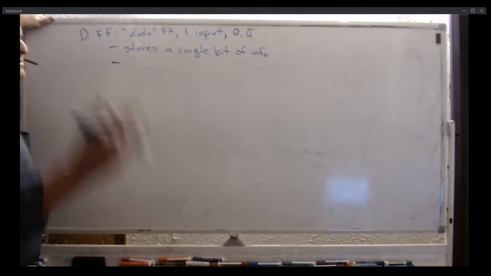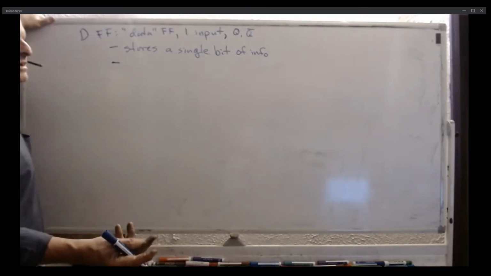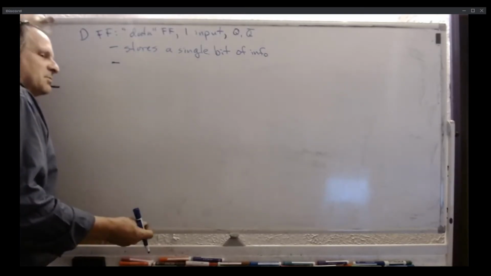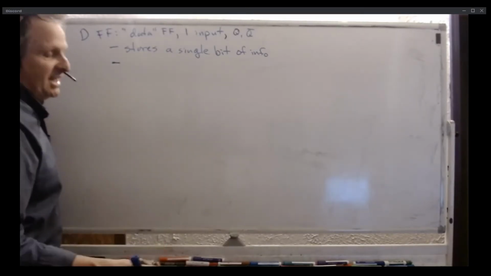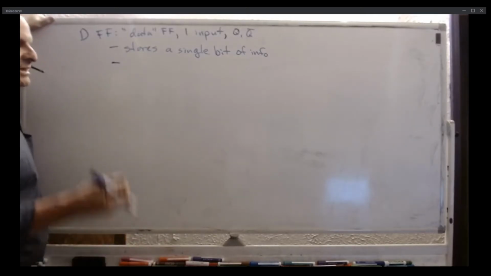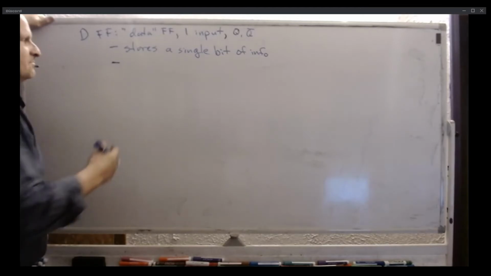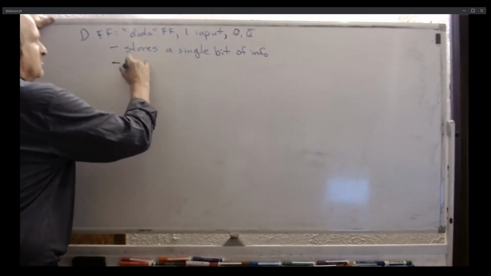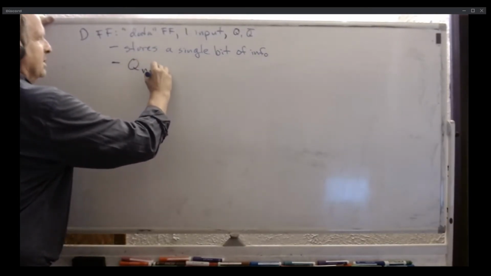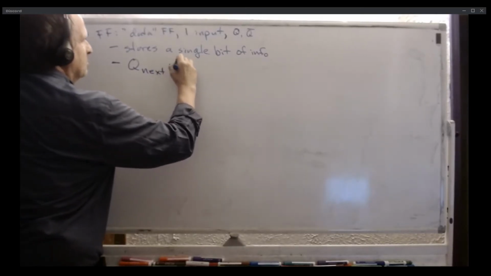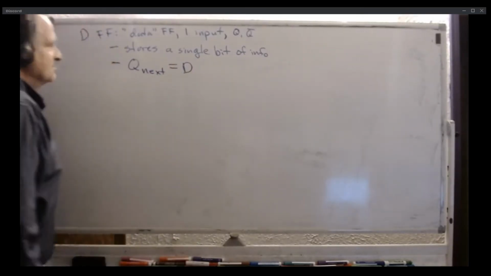The D can't toggle, right? It doesn't have a set state. It doesn't have a reset state, like a JK, for example. It just stores data. And the characteristic equation is simply that Q next equals whatever D is. Remember that?